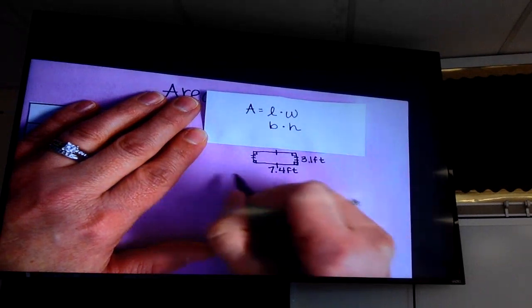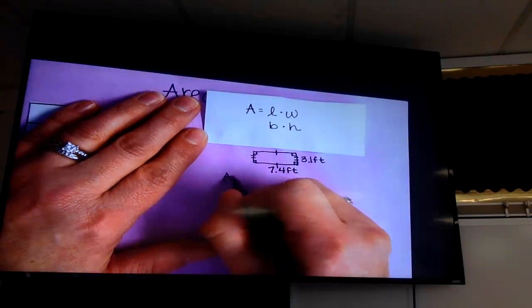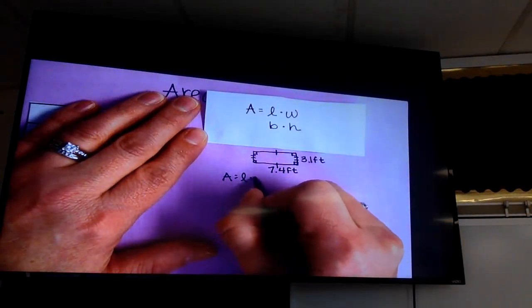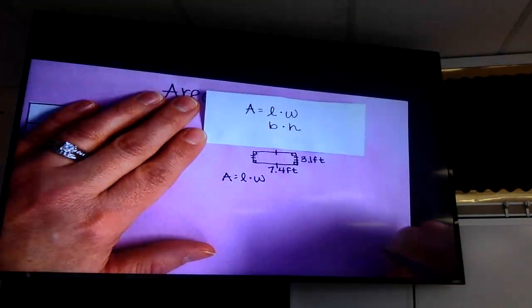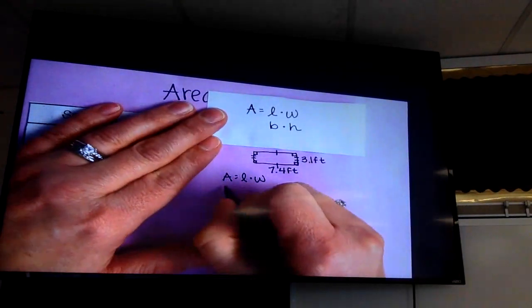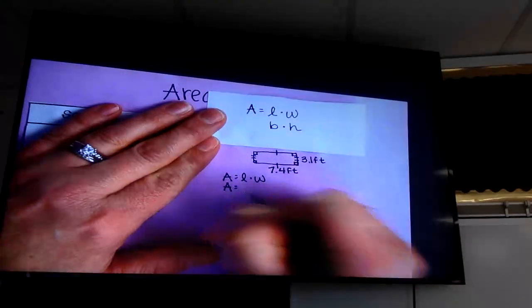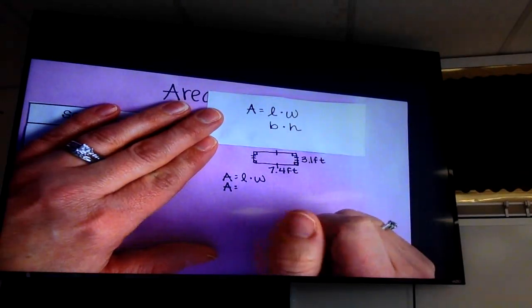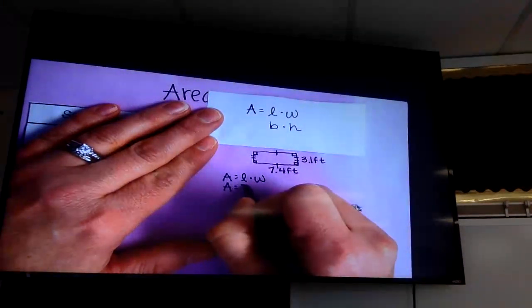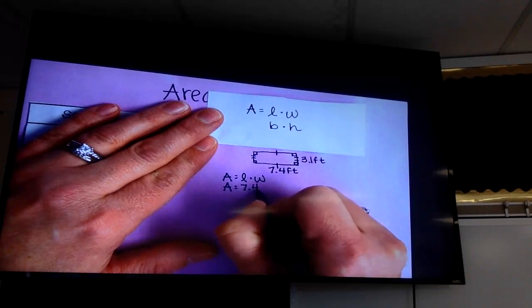So if I was trying to find the area of this, I would say area equals length times width or base times height, again, whichever one you prefer. And then I'm going to say A equals, and I'm going to fill them in, and it really doesn't matter which order you put them in because they're actually the exact same thing both ways.